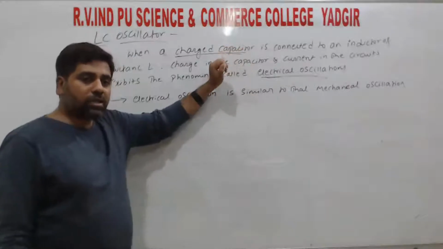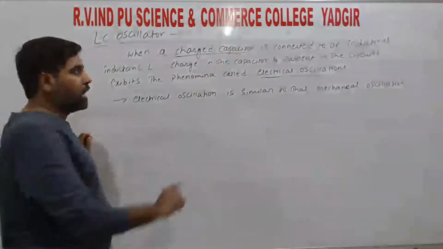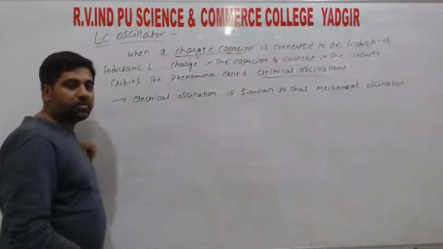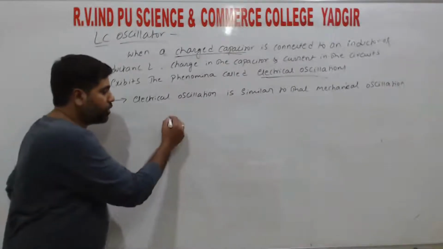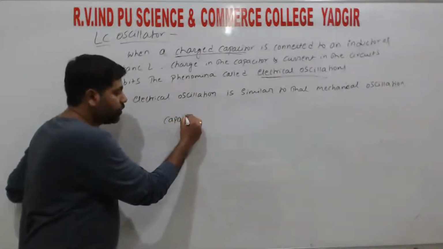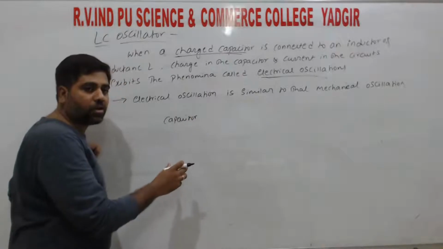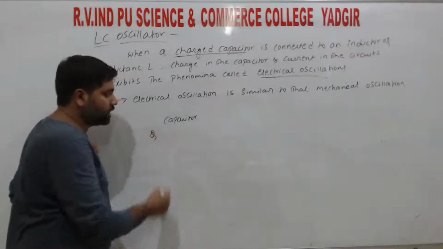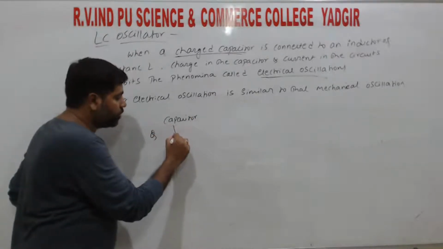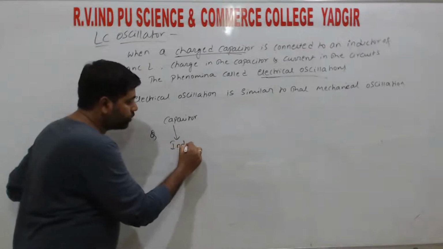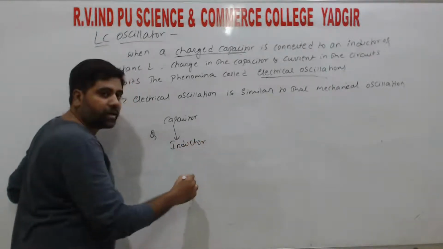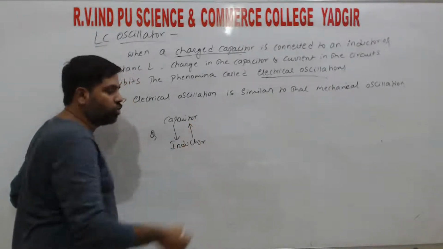This kind of oscillation we call electrical oscillations. That is, charges, that is Q, are oscillating from the capacitor to the inductor and again from the inductor to the capacitor.